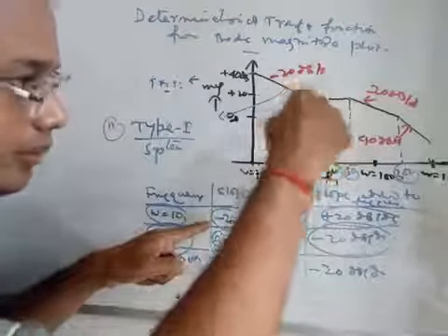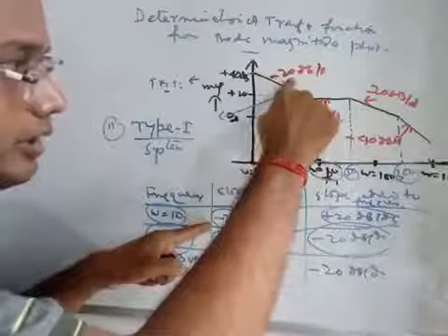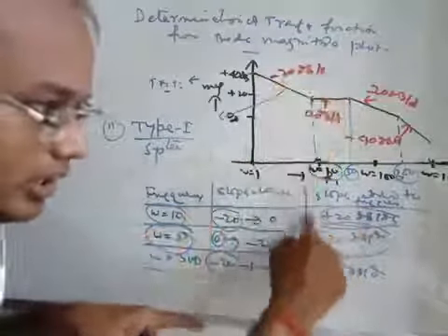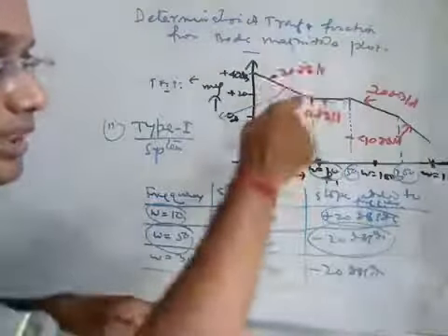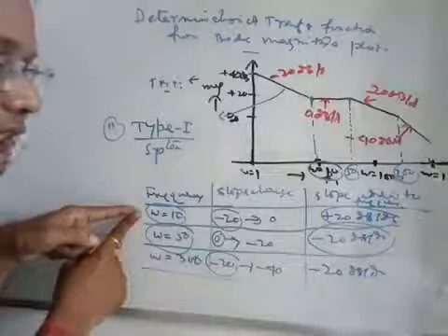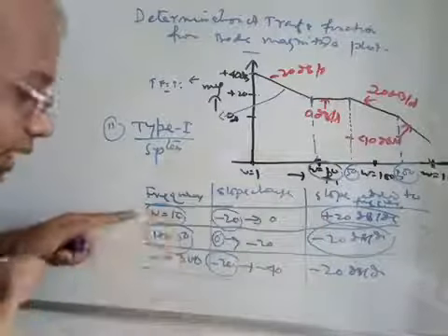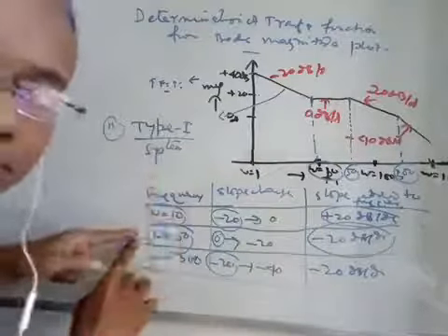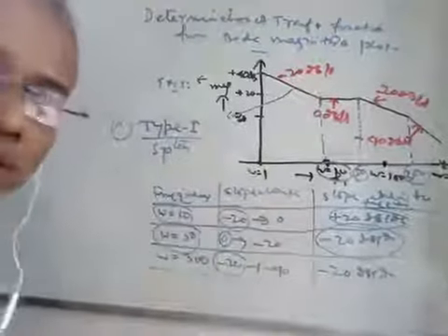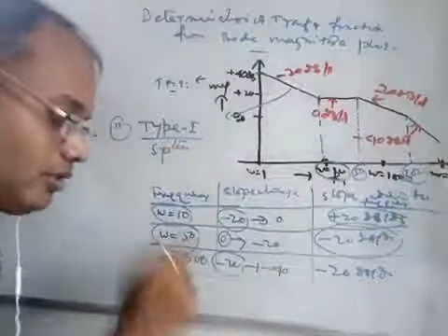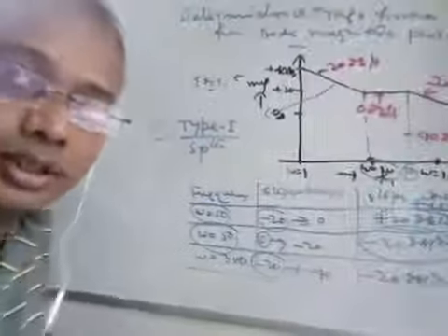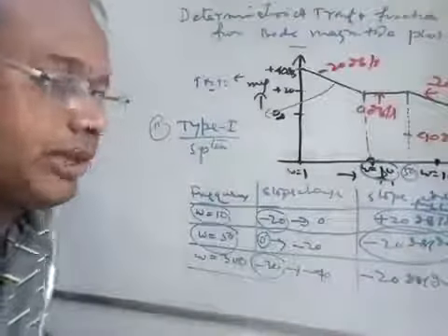That means plus 20 dB is added with minus 20 to get 0. So plus 20 dB per decade is the slope contribution here. Similarly, at omega is equal to 50, you have contributed minus 20 dB per decade. And at omega is equal to 300, you have contributed minus 20 dB per decade again.